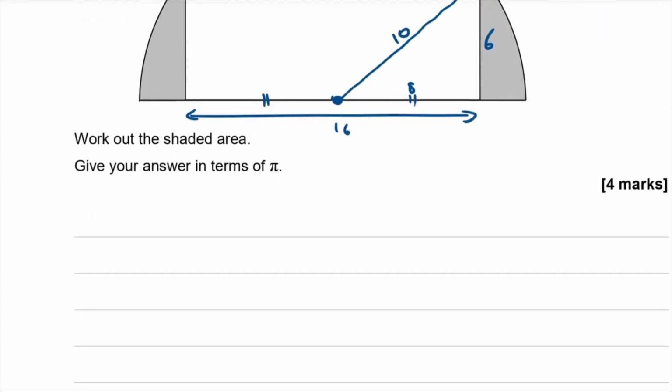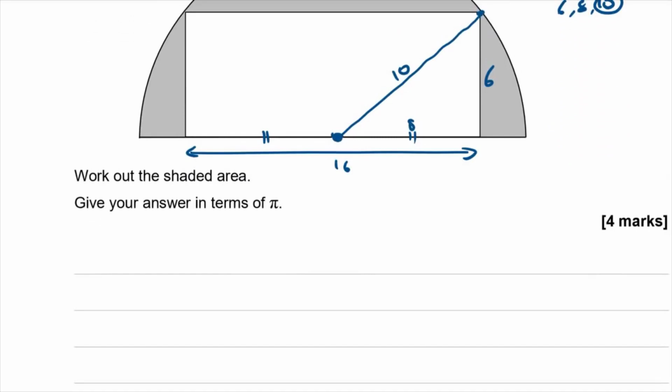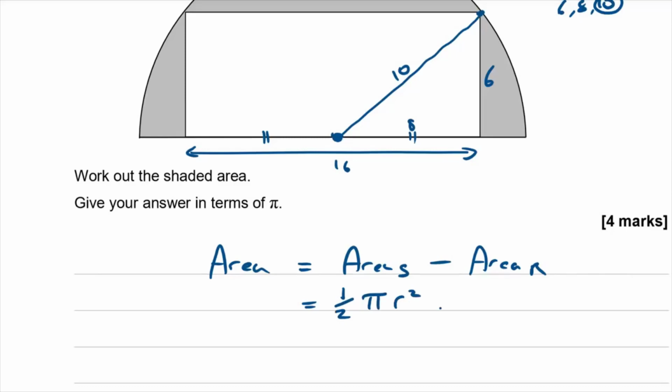So our shaded area is going to be the area of the semicircle subtract the area of the rectangle. A semicircle has an area of half pi r squared, and the rectangle has area length times width.